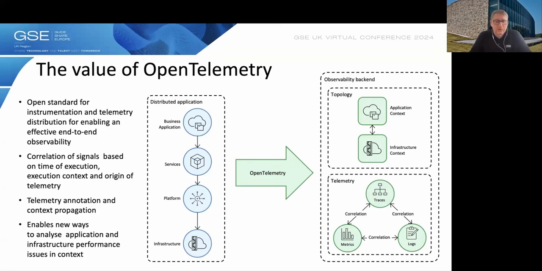Then observability products can create topologies, and importantly about these topologies, you can then, for instance, have application components put in context with the respective infrastructure, and that in the end creates better visibility into the distributed application together with the infrastructure, but also allows better problem determination and isolation of where a potential issue is occurring.